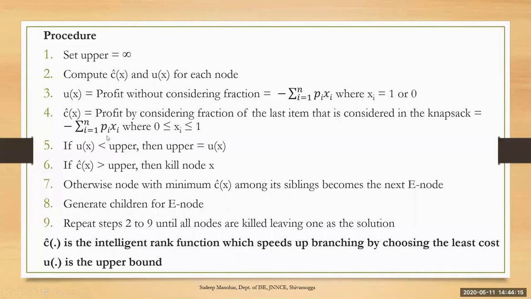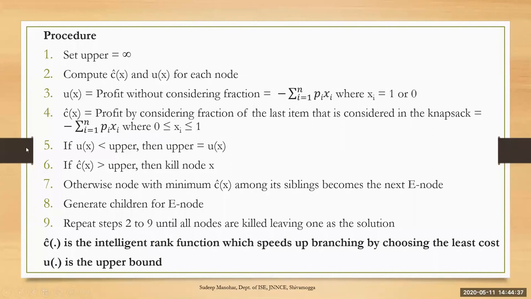Now the same formula applies there: minus sigma i equal to 1 to n Pi into Xi, where Xi ranges from 0 to 1. So here Xi is either 1 or 0, whereas there it ranges from 0 to 1. It tells the fraction. If it is 0.5, it means half of the item. If it is 0.25, it means 1/4 of the item has been included.